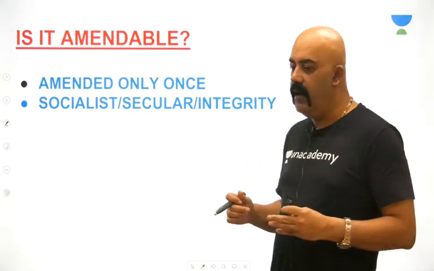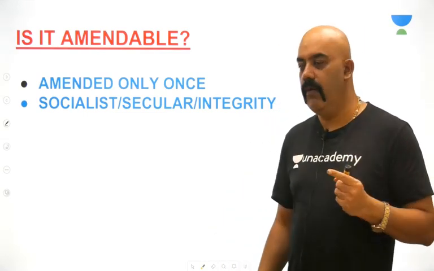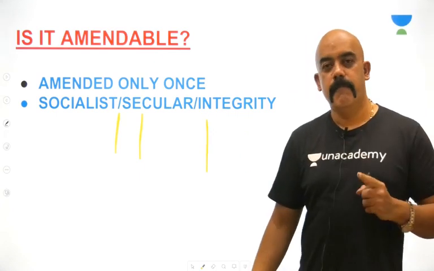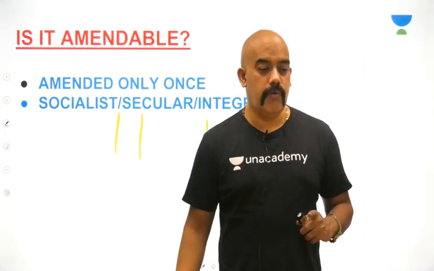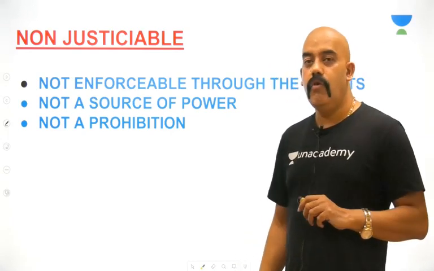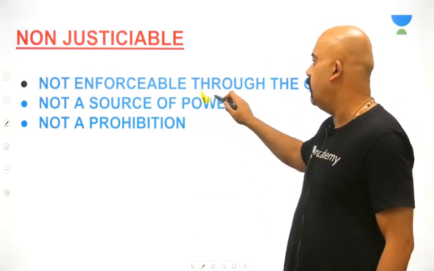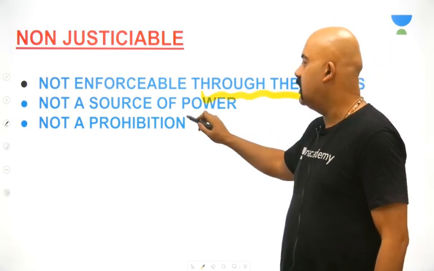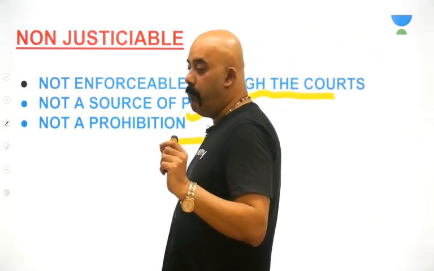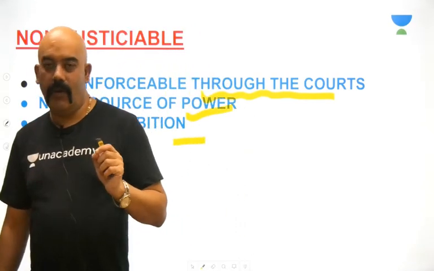It has been amended only once, and also remember that there are three words: socialist, secular and integrity. Many of the students miss the word integrity. Don't miss this word. There were three words that were added. However, these are non-justiciable. That is, they cannot be enforced through the courts. It is not a source of power, neither is it a source of limitation. So, the Preamble is a political philosophy.